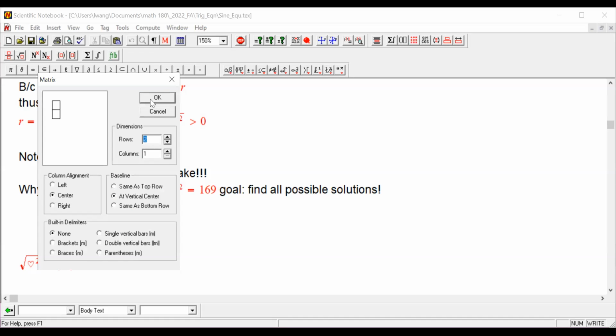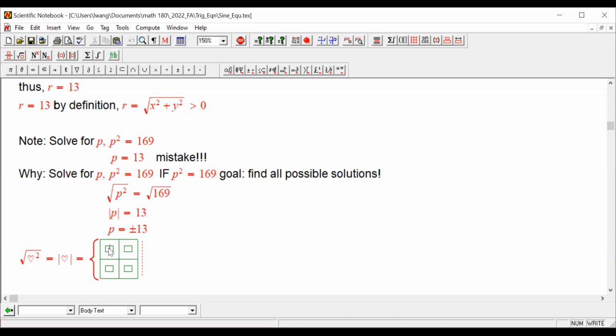If the absolute value is of a positive number or zero, it will be the same as the number. So if the heart is greater than or equal to zero, the absolute value is the same.